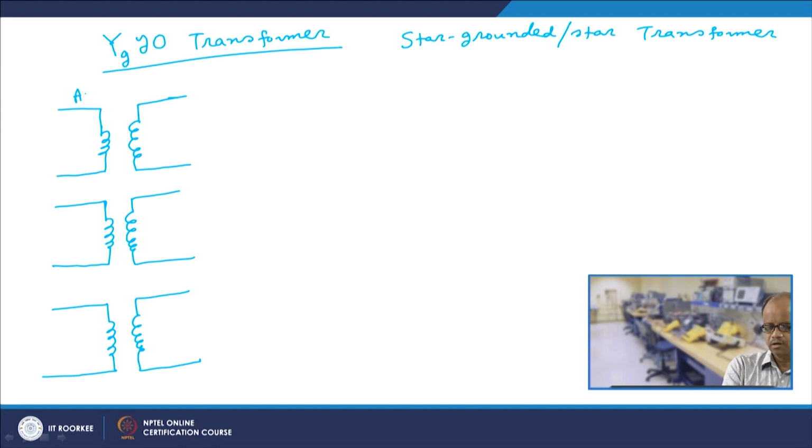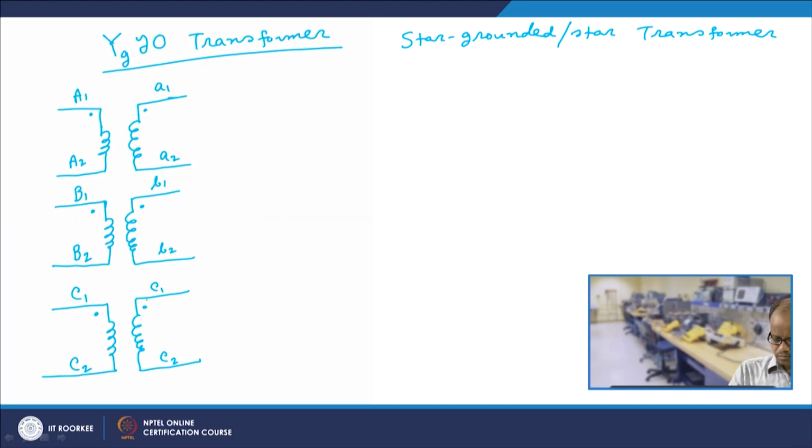So, we have got A1, A2, B1, C1, C2, then small a1, small a2, small b1, small b2, small c1, small c2, and the dots are here, here, here, here, here and here.